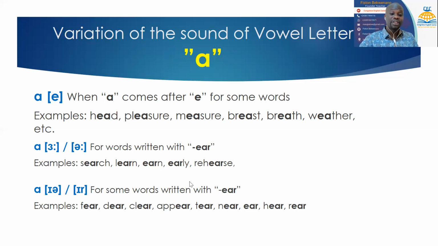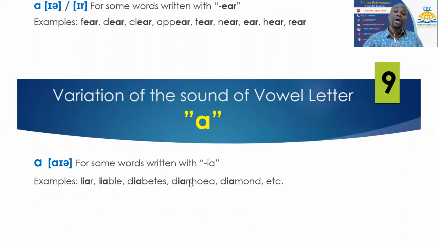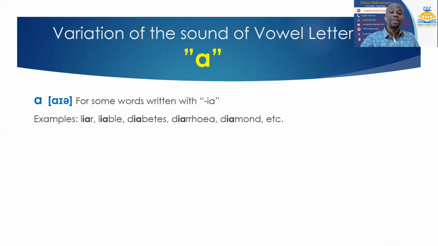So this is it. And the following sound is A can give you another sound like ire, for some words written with IA. All of them give you the sound of ire.